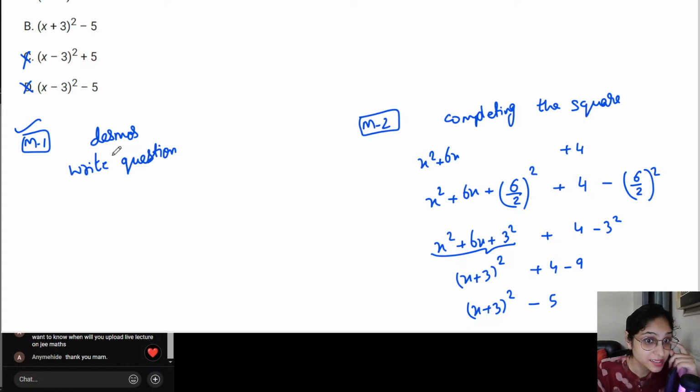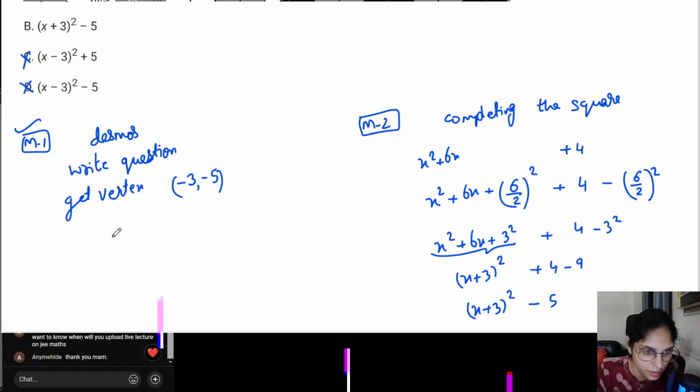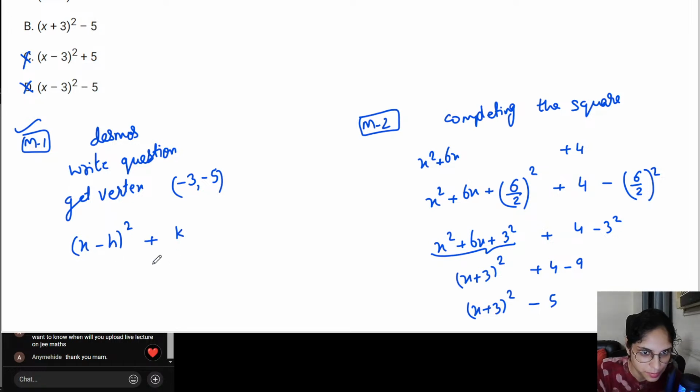So because this is in standard form, you have to find vertex form. Get vertex. Vertex is negative 3 comma negative 5. Vertex form is x minus h whole squared plus k. So you have to change the sign for this one.